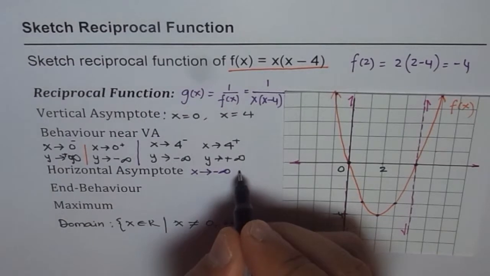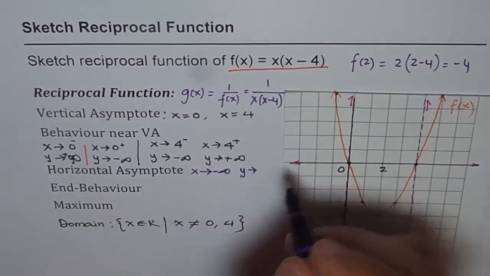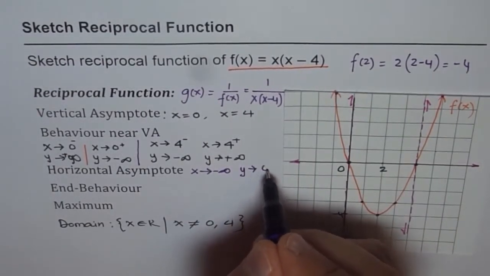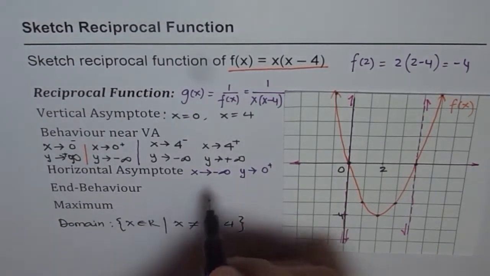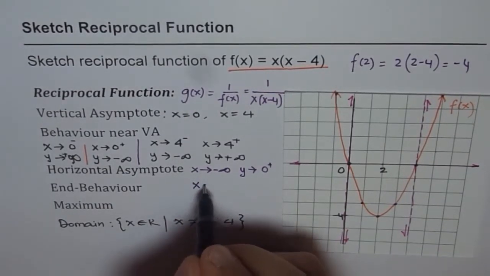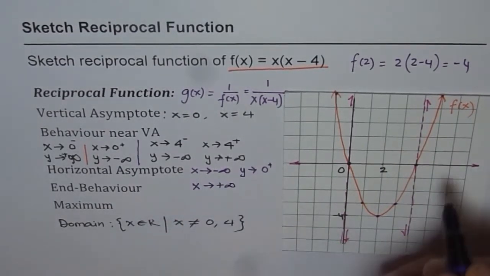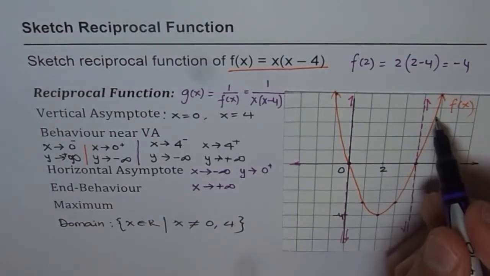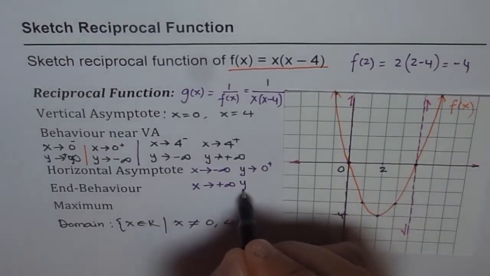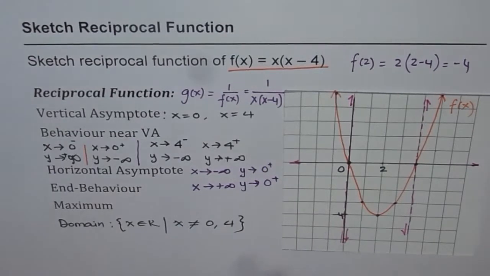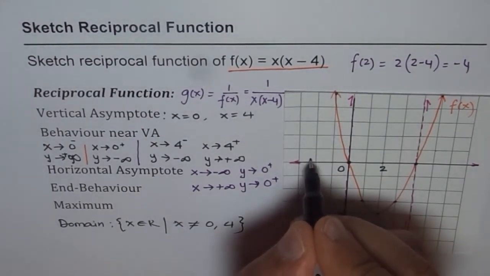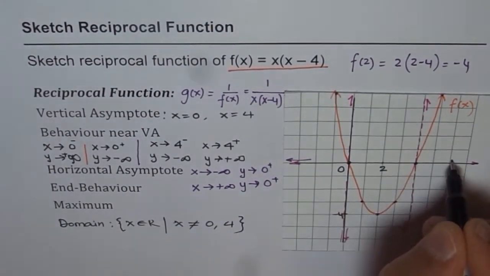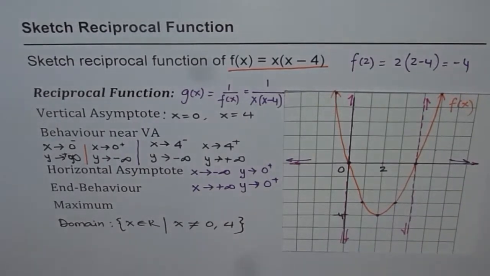So y approaches 0, right? But from the positive side. When x approaches positive infinity, that is this side, the function is positive, and therefore y approaches 0 from the positive side.